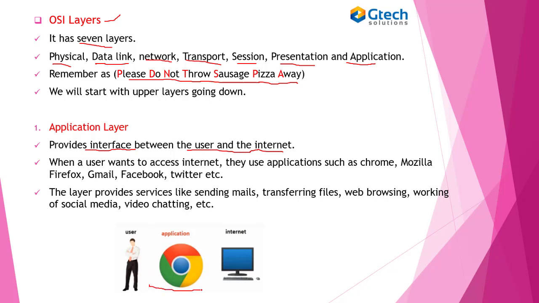For example, when a user wants to access the internet, they use an application such as Chrome, Mozilla, Gmail, Facebook, Twitter, etc. The layer that acts as an interface between the user and the internet is called the application layer.